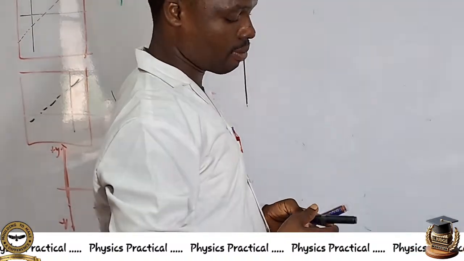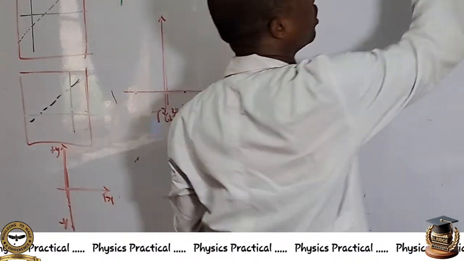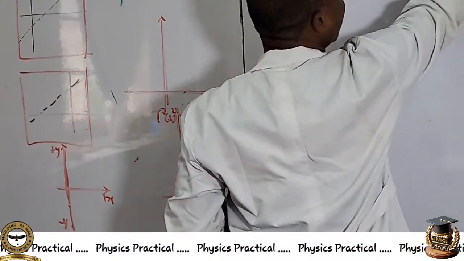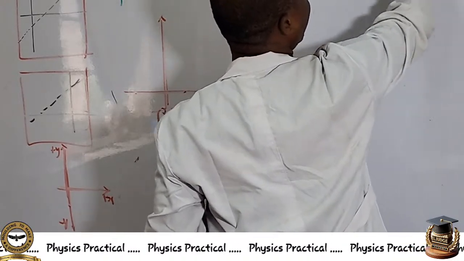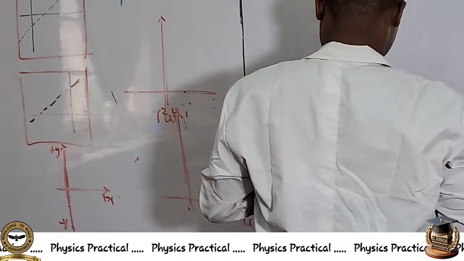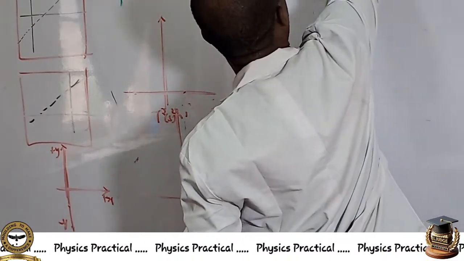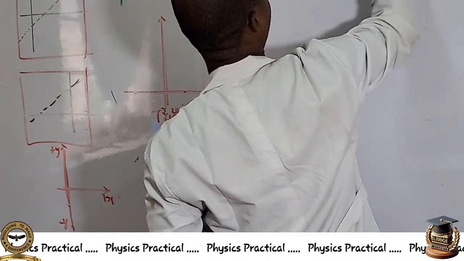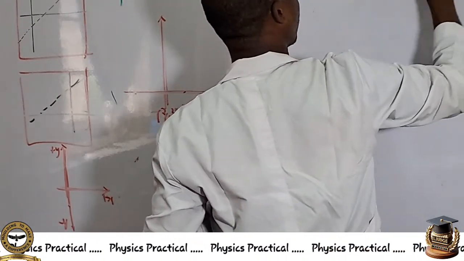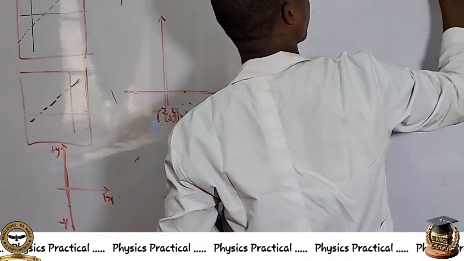Now to get a good slope, I don't need to use this point and this point. I can just take a very big right angle triangle, and trace these values here and these values here. So this will be L1 and L2.